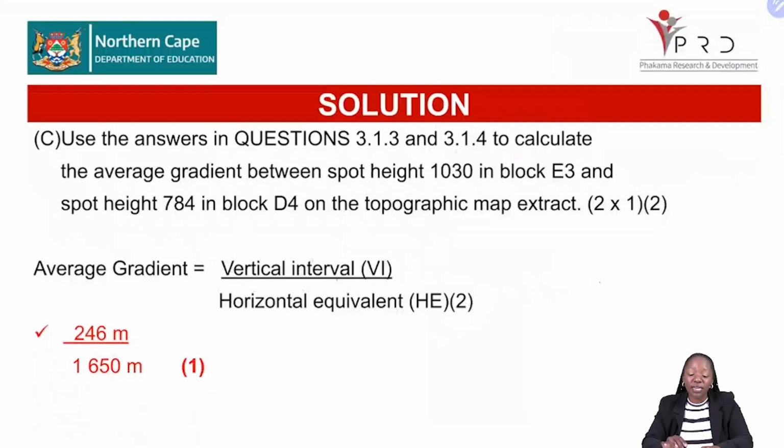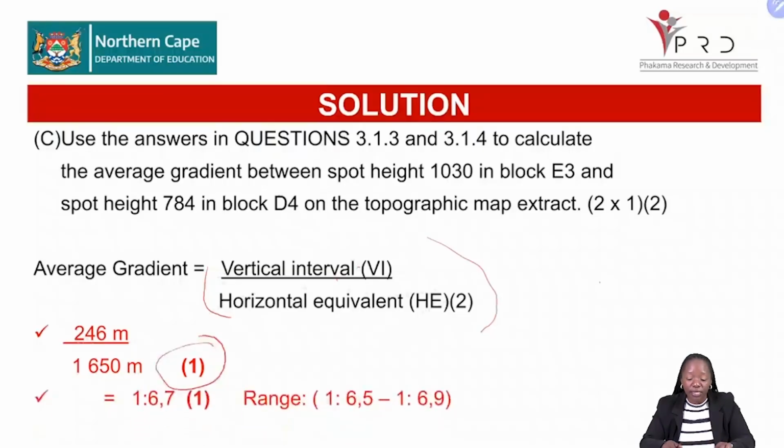So to write the answer in the correct form, or to make the fraction correct according to the formula, you cannot write 1,650 at the vertical interval and write 246 at the horizontal equivalent. You will lose this mark. So make sure that the answer you got for the vertical interval goes to the vertical interval, and the answer you got for the horizontal equivalent, which is the distance, goes to the distance.